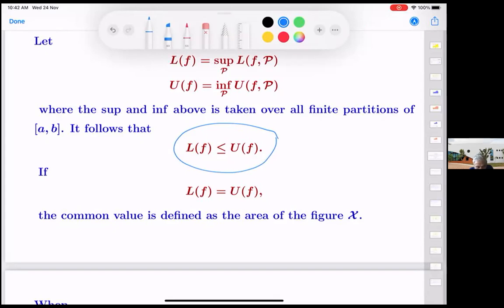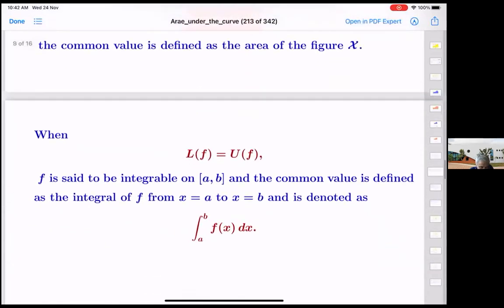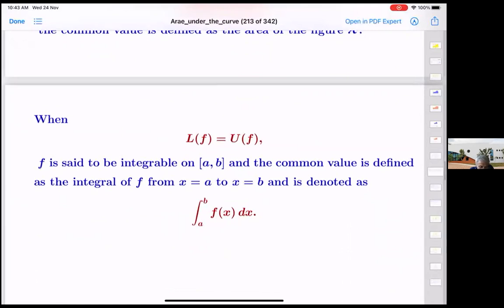So whatever be the function f, L(f) will be less than or equal to U(f). And if the lower bound is equal to the upper bound, that is the area of the figure. This is the idea. When this happens, we say that f is integrable on [a,b], and the common value is defined as the integral of f.